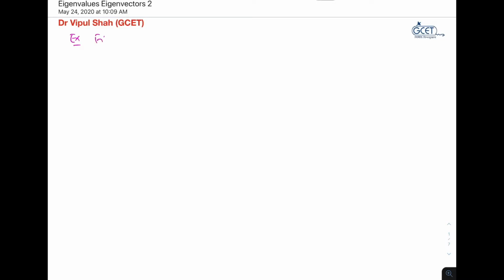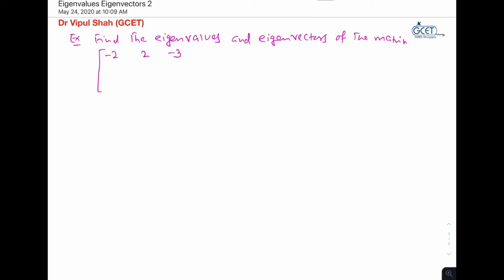Find the eigenvalues and eigenvectors of the matrix [-2, 2, -3; 2, 1, -6; -1, -2, 0].